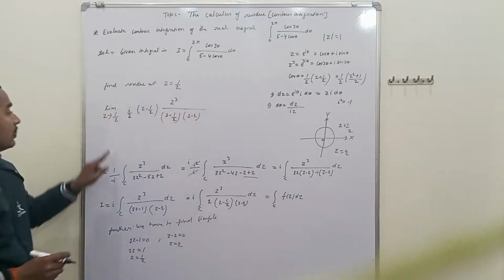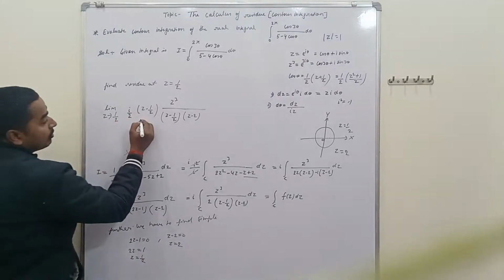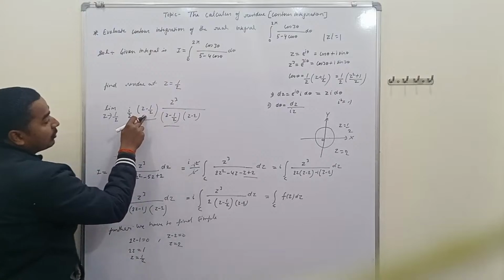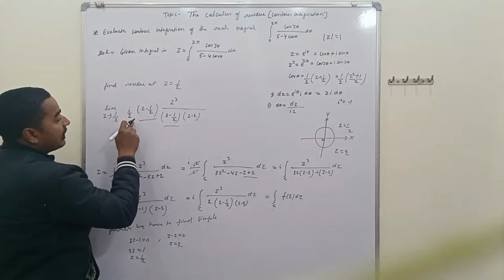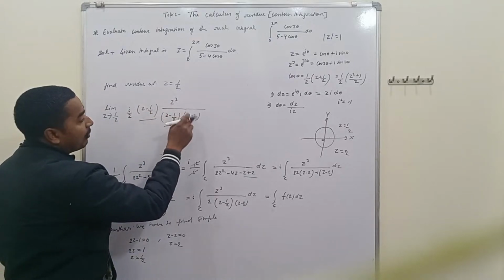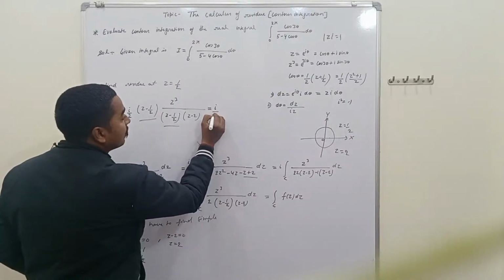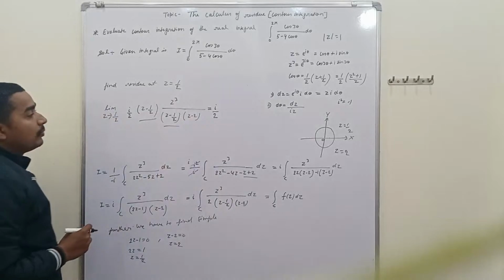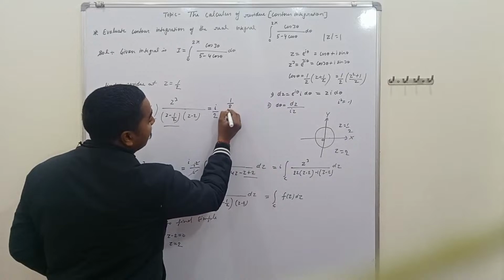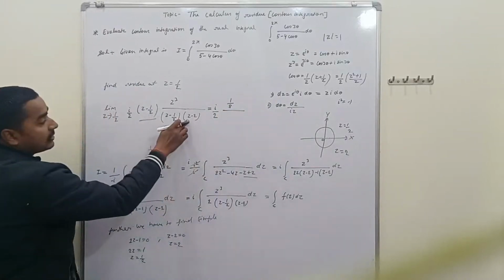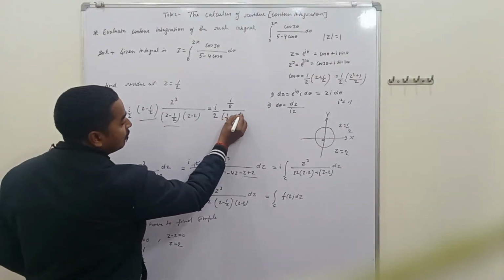We put 1 by 2 in place of z and remove these two brackets. When the factors vanish, the remaining is i by 2 into z cube upon z minus 2. Further, in place of z cube we put 1 by 8, upon 1 by 2 minus 2 in place of z.